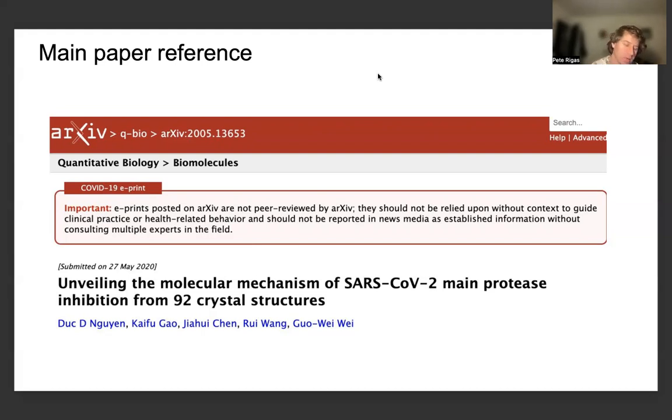And they predict that there are approximately 20 possible binding pockets, and then they perform simulations for quantifying the approximate binding affinity across each one of these binding pockets.